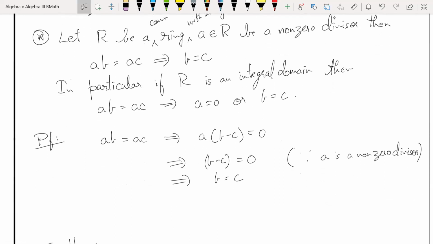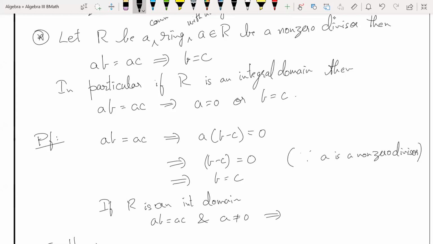And in particular, it is obvious if R is an integral domain: if A is non-zero, then A is a non-zero divisor, and then you can use AB equals AC to get B equals C. This precisely means that if the statement holds and the negation of one part holds, then the other must be true.